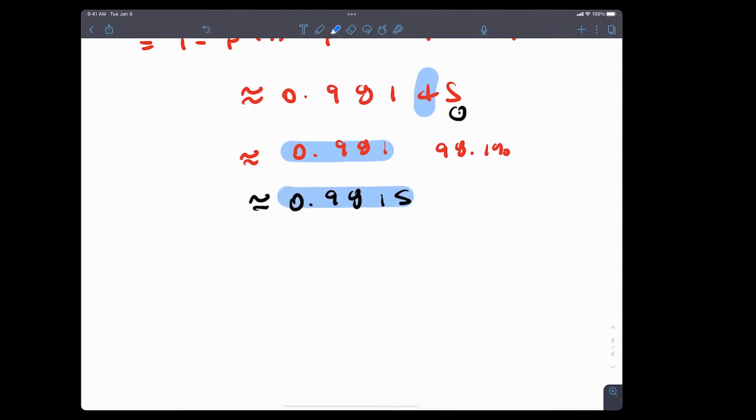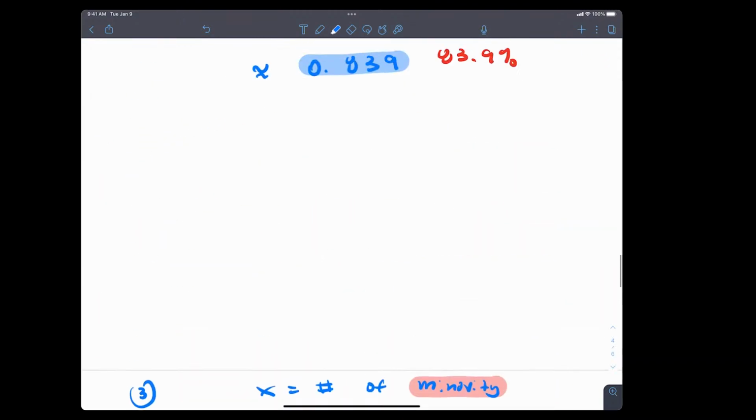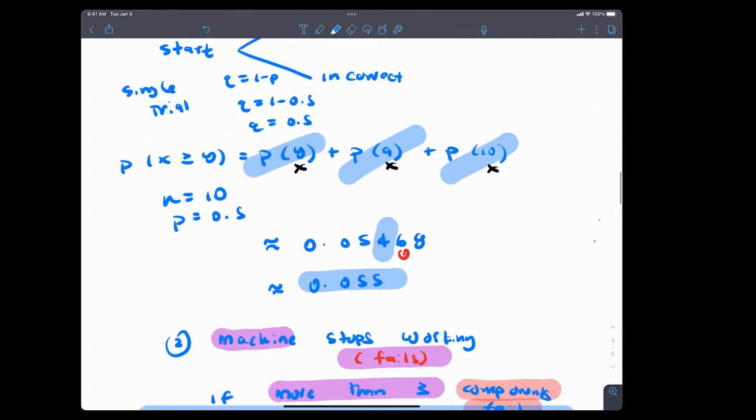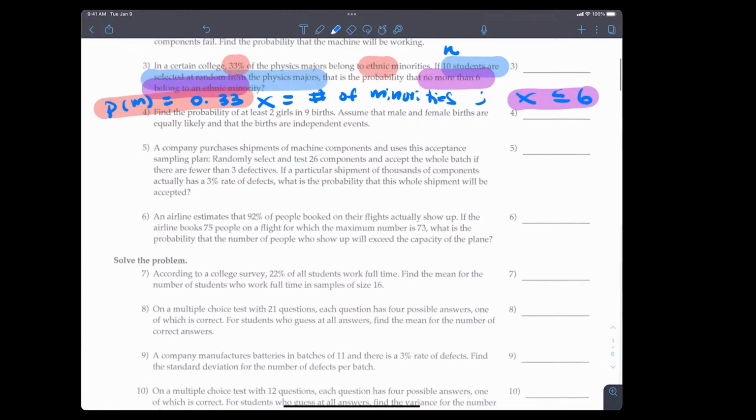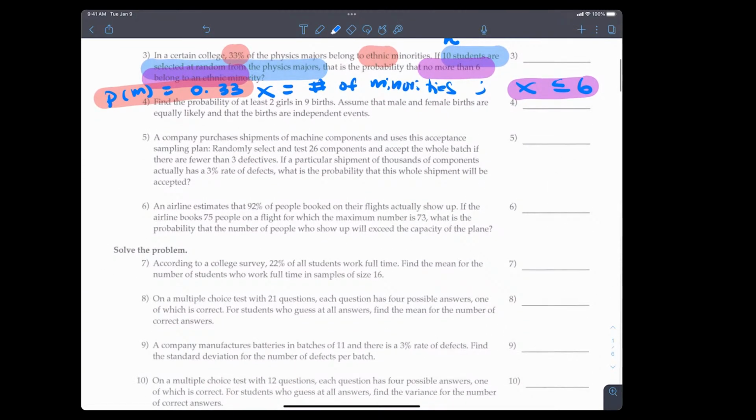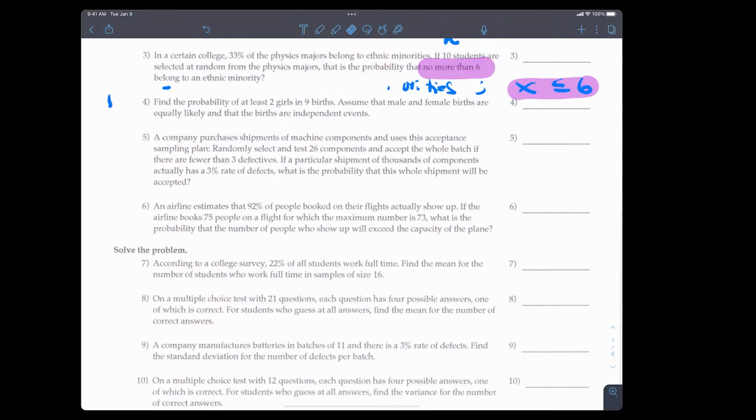Now, ladies and gentlemen, if you went out to the 10,000ths, this is consistent with the solutions by the publisher. Just wanted to throw that out there so you guys don't panic. Whoever wrote the question should have said, please approximate to this particular place value. And I know I will, personally. So anyway, here we go. Let's start with number 4 now.